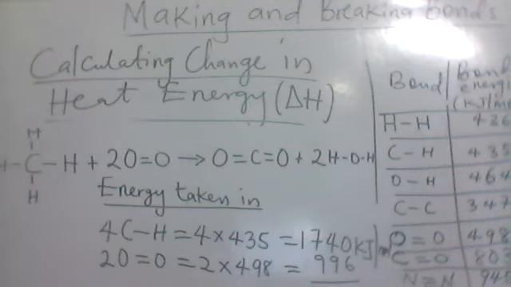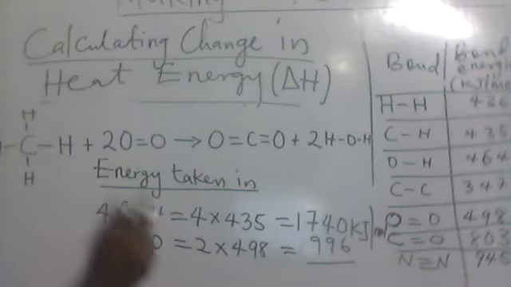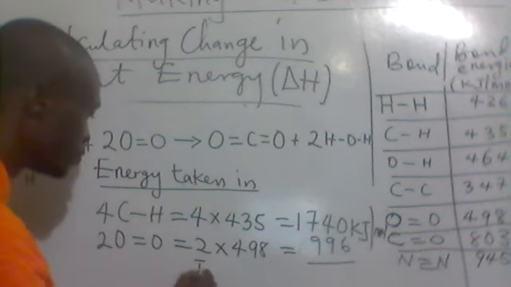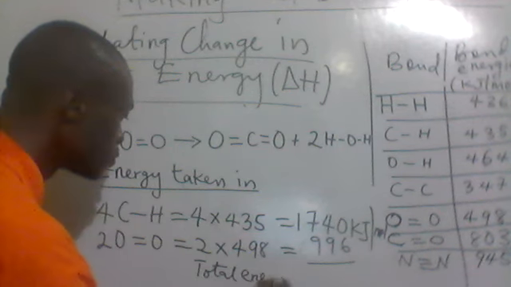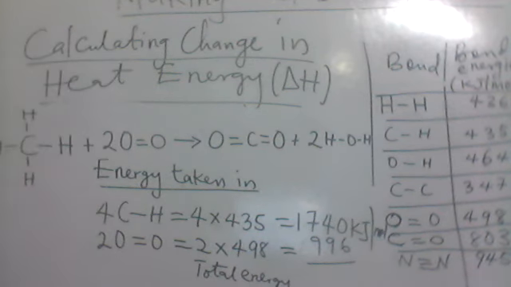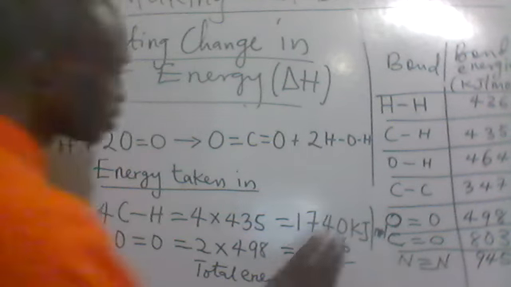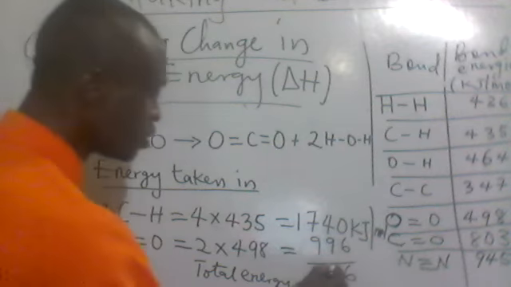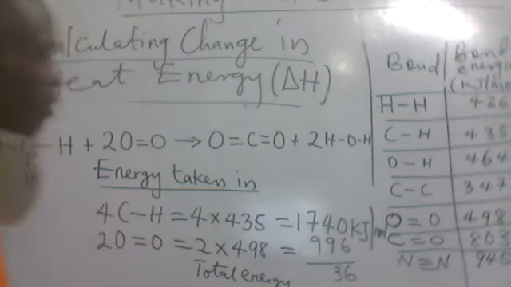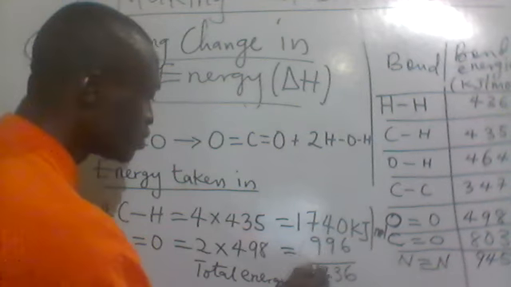So to calculate our total energy, the total energy will be 6, I have 3, I have 7, I have 2.